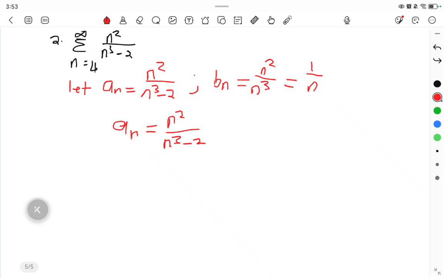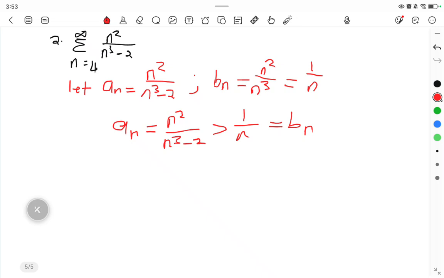We're starting from 4, so I can just plug in 4. I get 0.26 something for an, and here I get 0.25. So an is bigger than 1 over n, which is equal to bn.